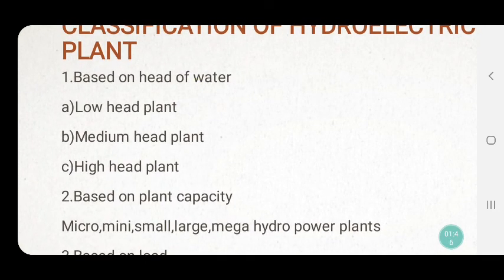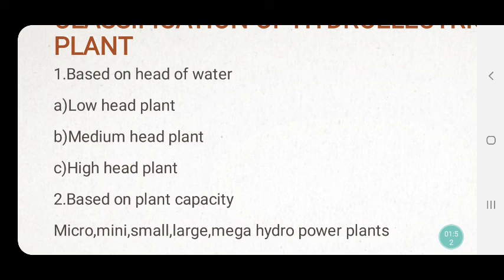So first one, based on head of water, the type number 1 is the low head plant. What is meant by low head?